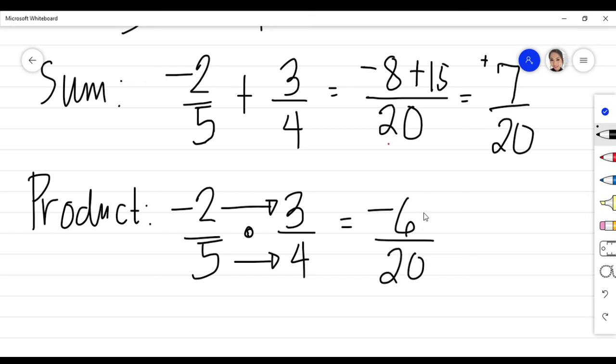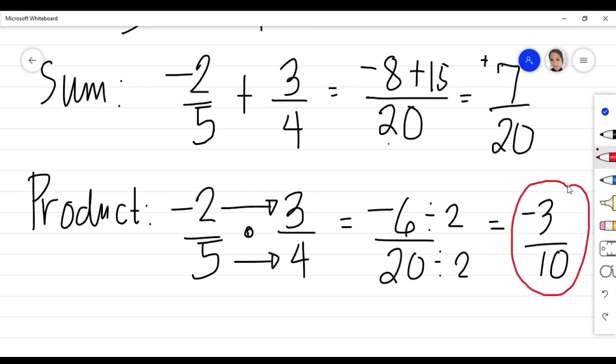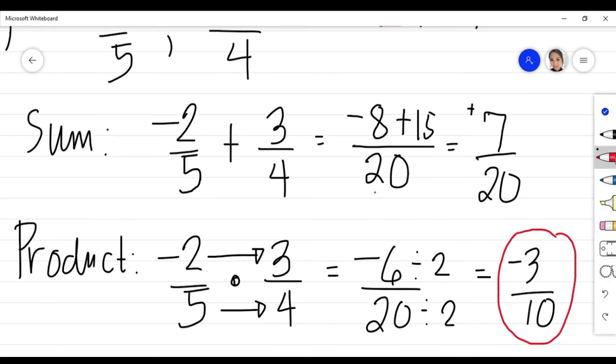Since this can still be reduced, we divide by their GCF, which is 2. Negative 6 divided by 2 is negative 3, and 20 divided by 2 is 10. So the product of the roots is negative 3 over 10, while the sum of the roots is 7 over 20.